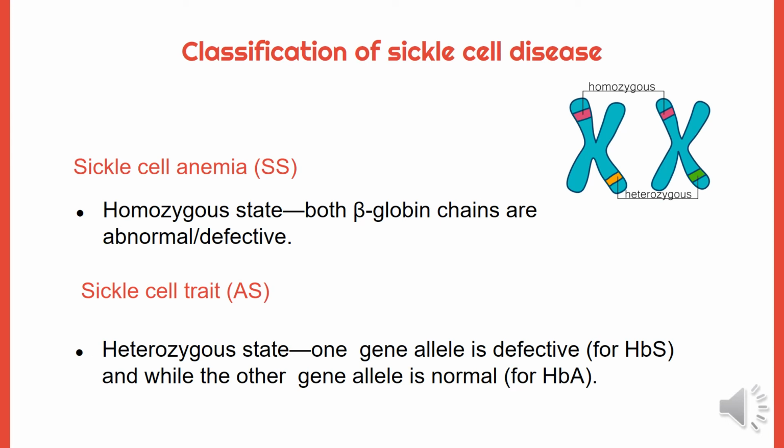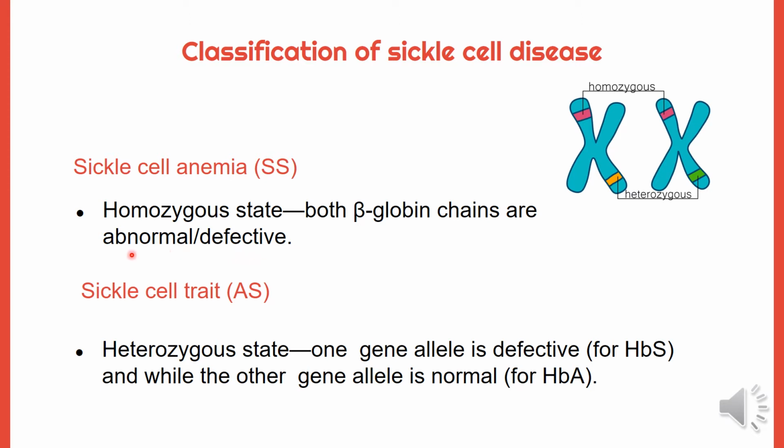Classification of sickle cell disease. We have sickle cell anemia and we have sickle cell trait. In sickle cell anemia, there is a homozygous state, and in this case, the person will inherit two mutated alleles of the beta globin gene, and this will result in both of the beta globin chains being abnormal or defective.